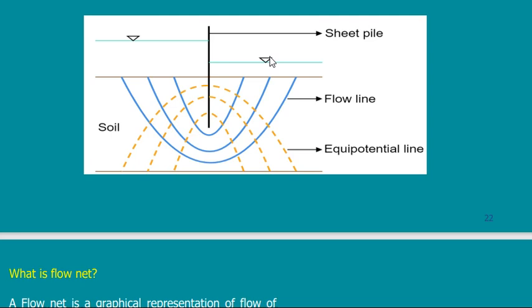So this is another thing that restricts me from drawing any line. If I started, I have the luxury to choose my first flow line and my first equipotential line. But once I draw the first one, then the next one should depend on what I have sketched.